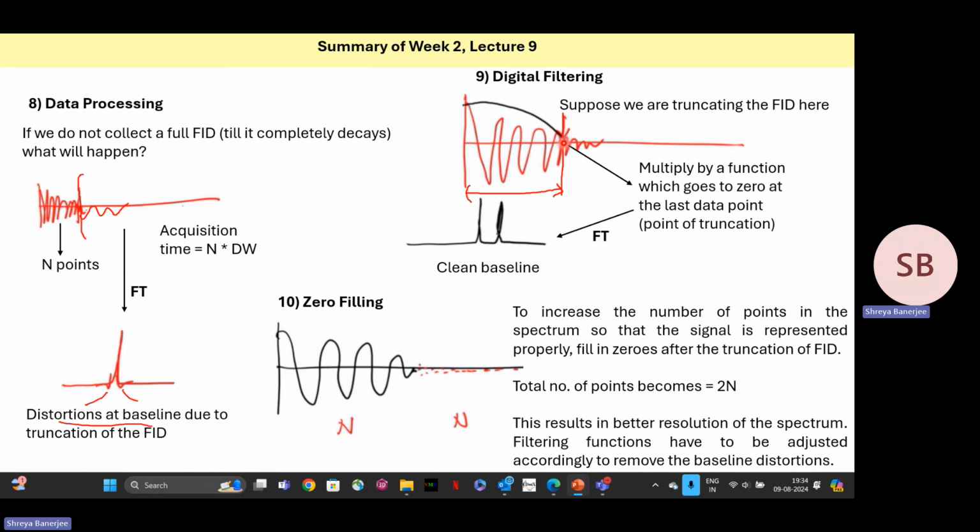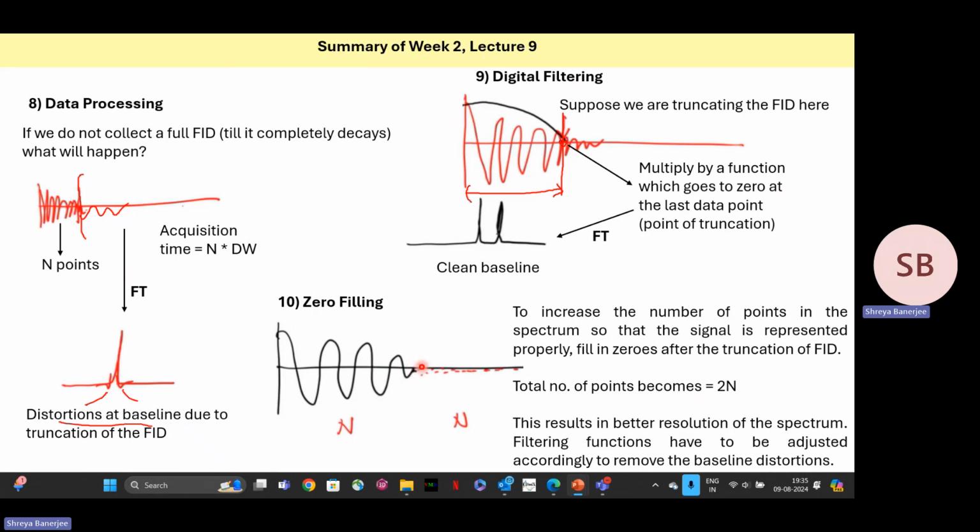Now, if we multiply a function that is going to 0 at this data point, then the FID will also be forced to go to 0, and that will remove all the distortions at the baseline. So this does not have to be done manually. There are several functions available in the data processing unit of the computer to do it, and this is called digital filtering.